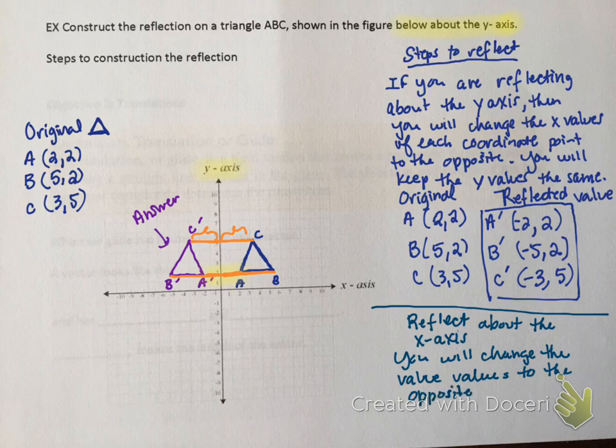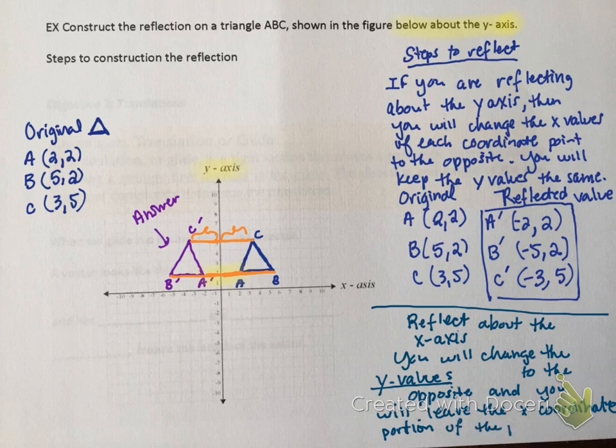So you're going to change the coordinates' y values to the opposite. Once again, you're going to change the y values to the opposite, and you will leave the x coordinate portion of the points alone.